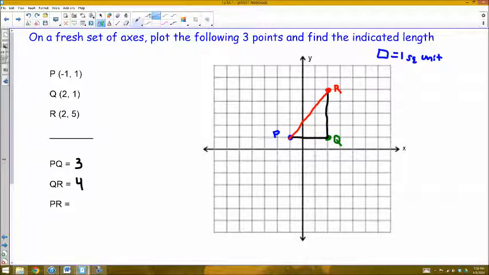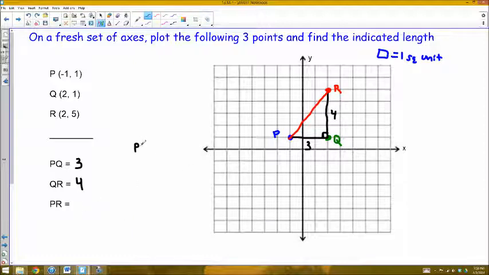But recall that each of these is a square box, meaning that this corner angle is a right angle. I know that segment PQ is 3 and segment QR is 4. And since these sides form a right triangle with hypotenuse PR, I could use the Pythagorean theorem to figure out the length of PR.